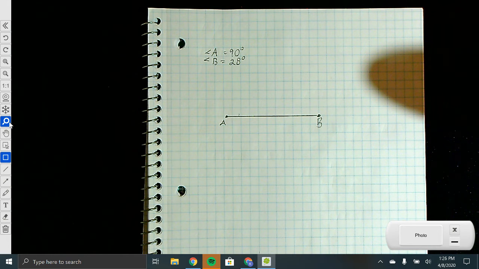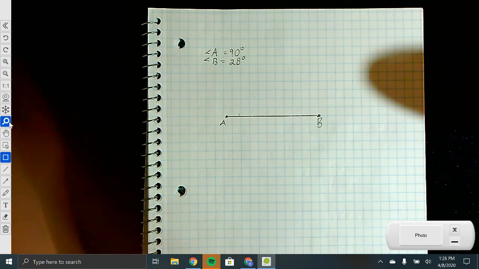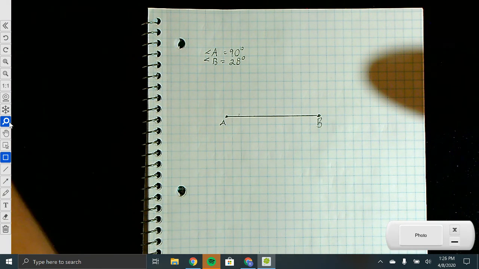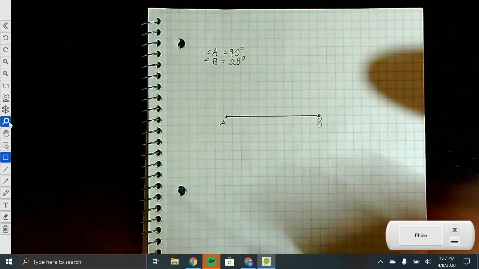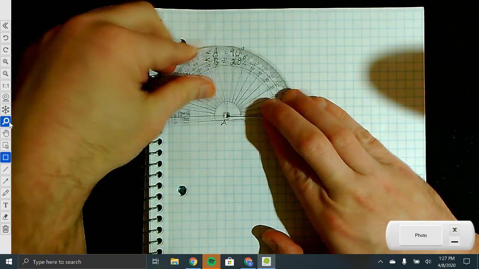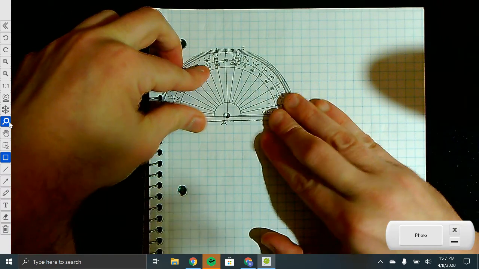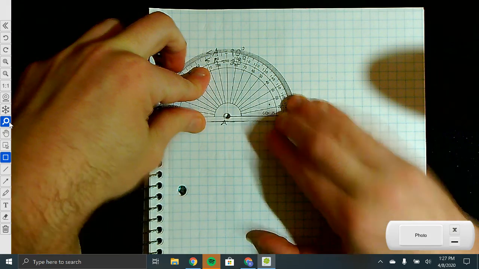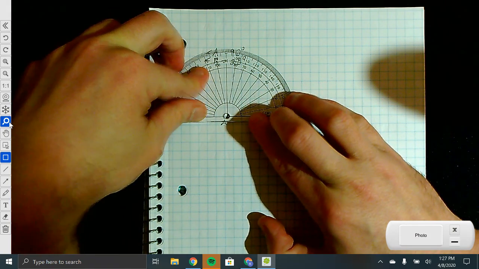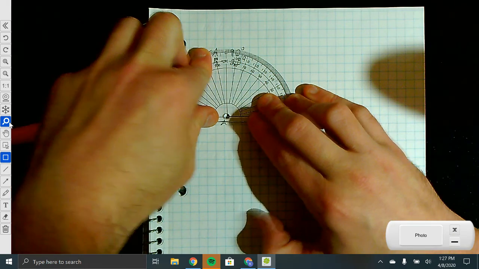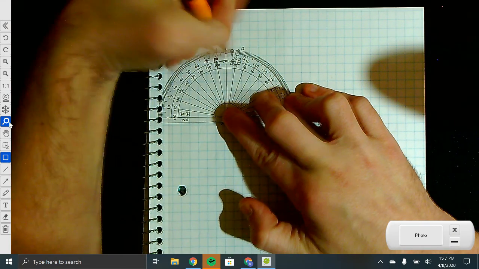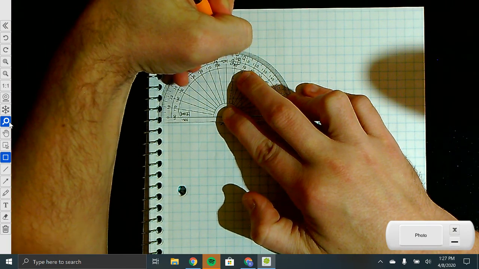Now, what I know is that angle A had to be 90 and B had to be 28. Nothing about these side lengths. So what I'm going to do for this problem is I'm going to take my protractor, set the center point at A, and line up the bottom with B. Then what I want to do is come over to where A is, go up to my 90 degree point, and I'm going to put a dot there.